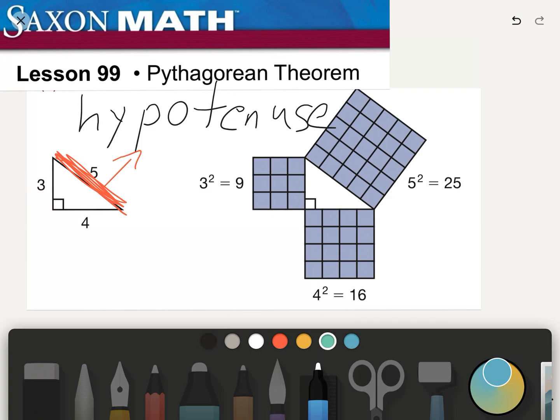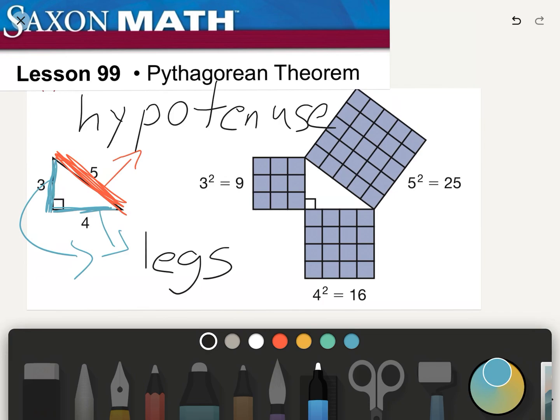And then the other two sides, we could call those the legs.